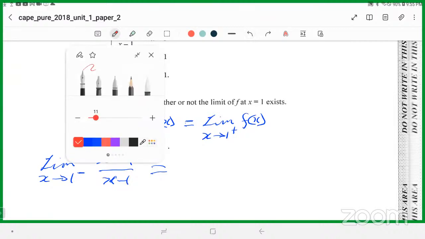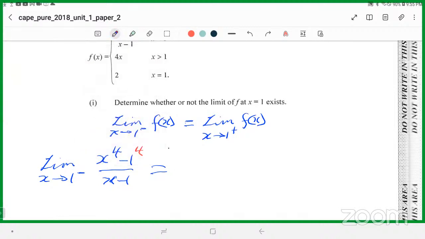So then this becomes equal to the limit as x tends to 1 from the left of x minus 1, bracket, an expanded form of this now is going to be x cubed plus x squared plus x plus 1.